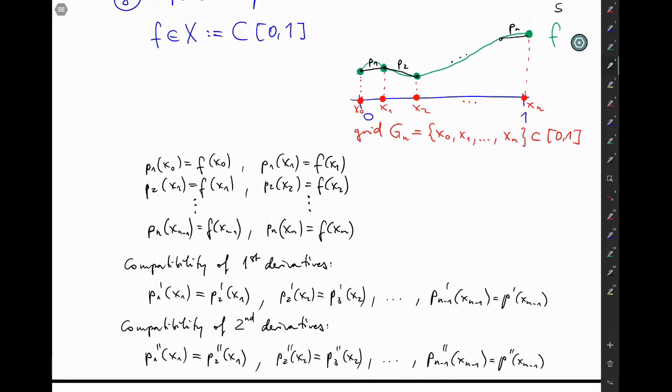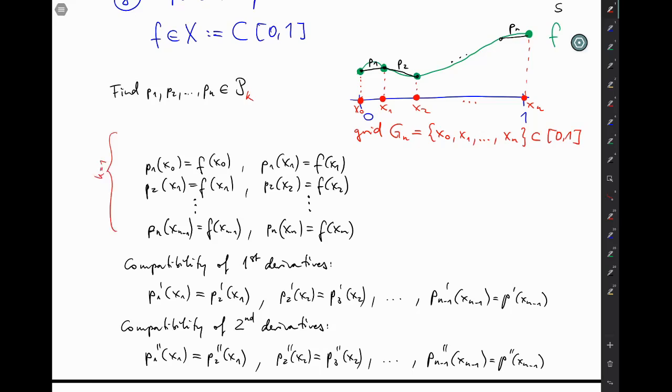So the task is to find polynomials P1 up to Pn, and depending on the degree that you allow here, you can formulate more or less of these wishes. So if I call that degree here k, then for k equals 1 you can formulate these.